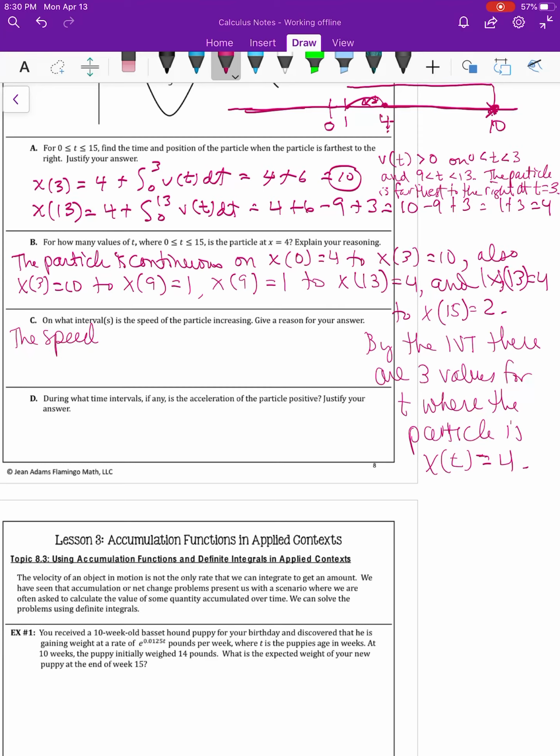Okay? On what interval is the speed of the particle increasing? Give a reason.